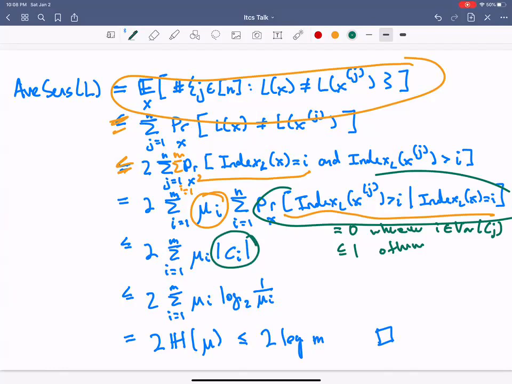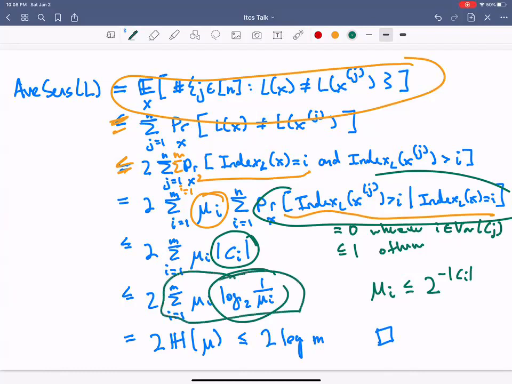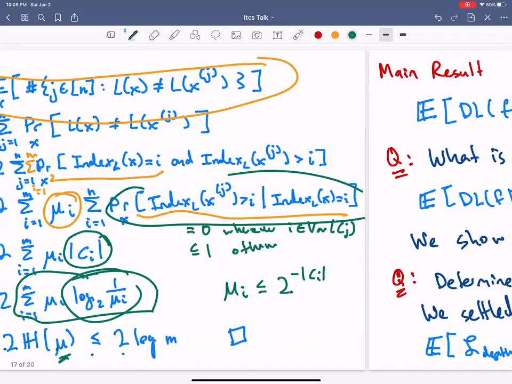And then we use what we noted earlier, that mu i is at most 2 to the minus size of Ci. So that gives this bound here. And now we have just the expression for the entropy of mu. So this equals twice the entropy of mu. And since mu is a distribution with support size m, this is at most twice log m. Okay, so that's this simple proof.